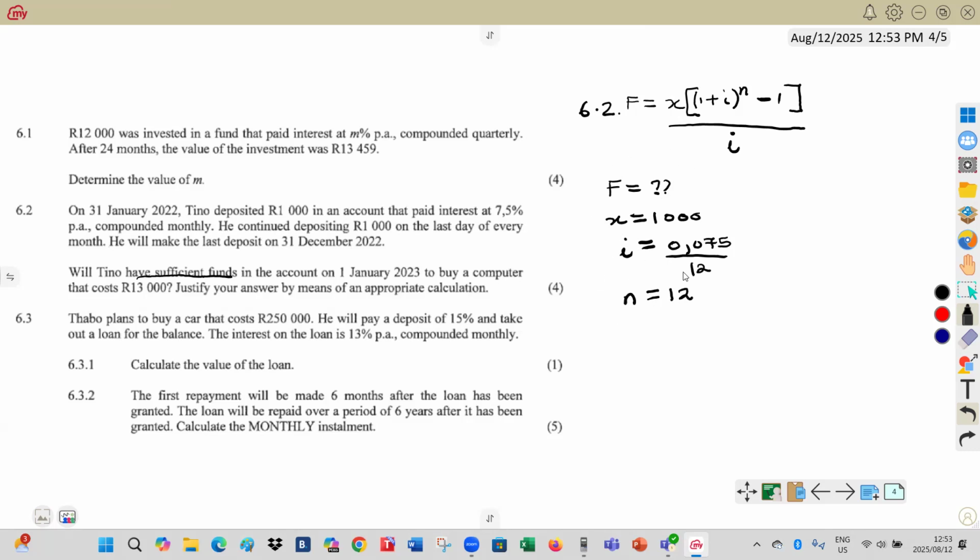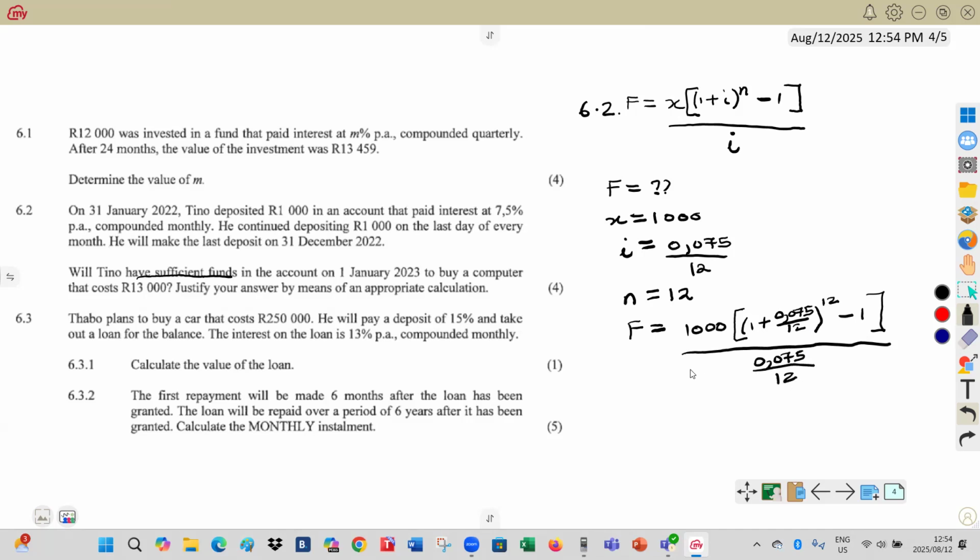So using this, we can now calculate our F. F is equal to X, which we identified as 1,000, then in bracket, 1 plus i, which is 0.075 divided by 12, raised to the power 12, minus 1, all over the rate, which is 0.075 over 12.